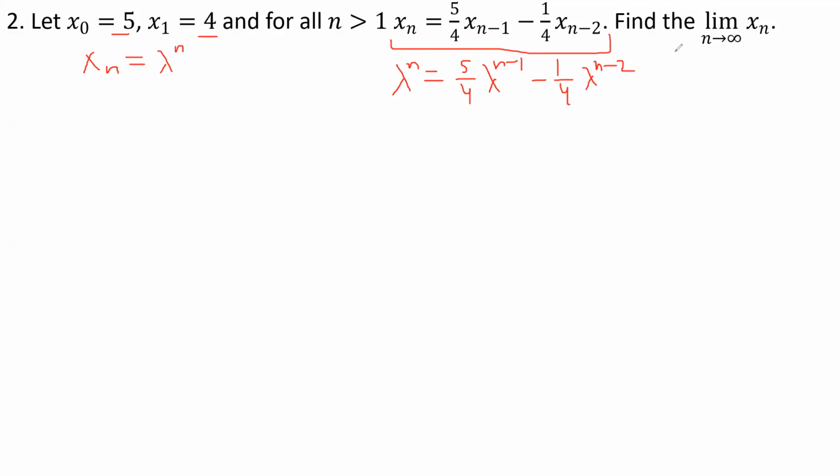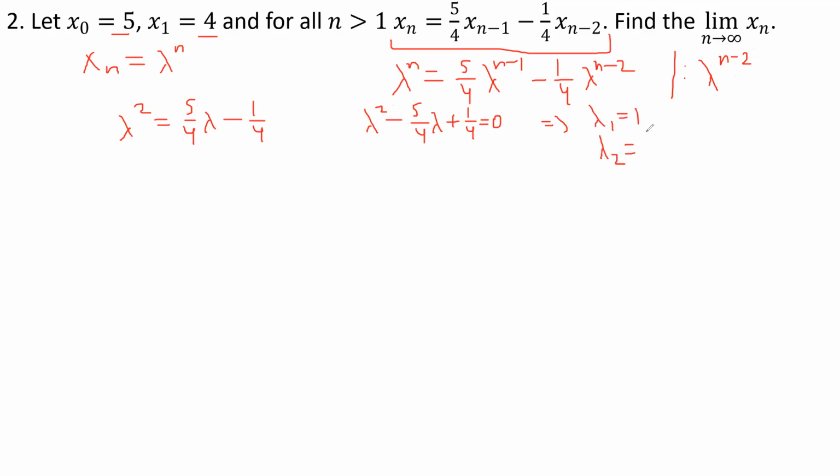So we can divide by the smallest power, and we will get lambda squared equals 5/4 of lambda minus 1/4, or we get just an equation like that. We can simply solve this and get 1 and 1/4 as roots of this equation.